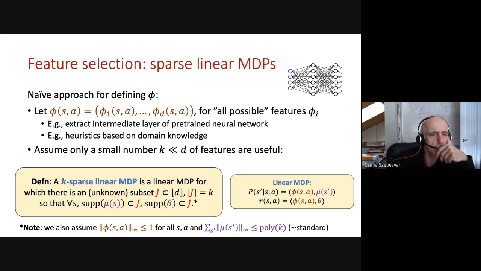For example, if we replace K by D, was this an assumption that was used? The mu S prime is a D-dimensional vector. The maximum component of that, summed over all possible states, that seems very stringent to me, and I don't remember this assumption in the original linear MDP works.